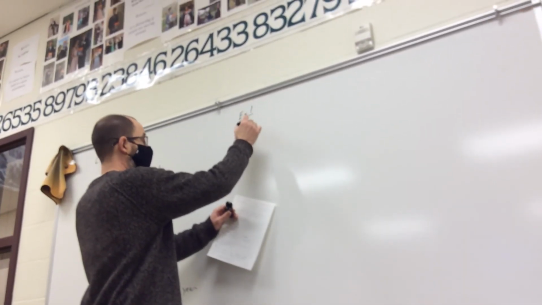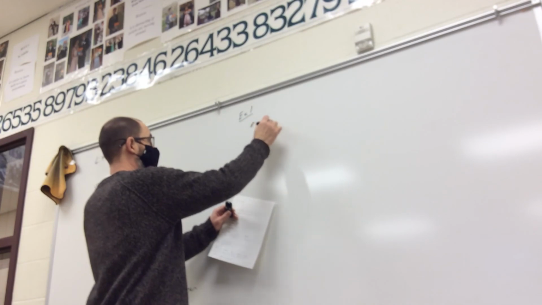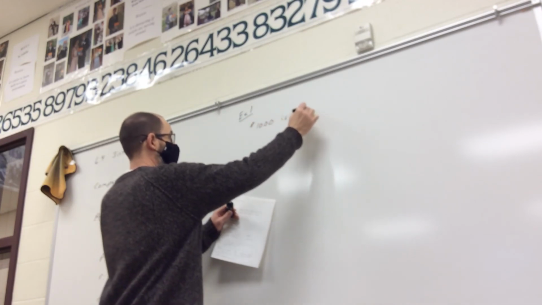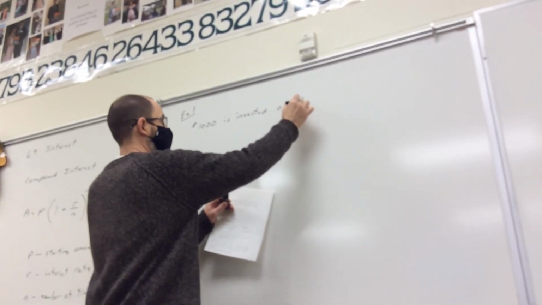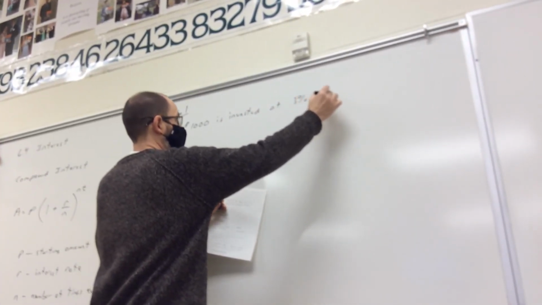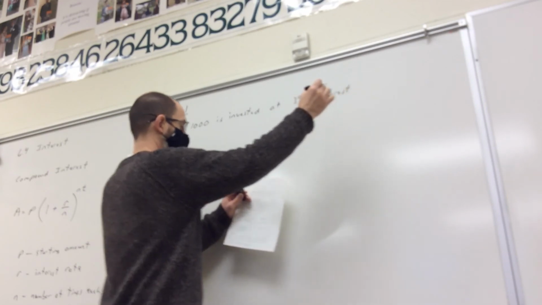Okay, so for example 1, we were having $1,000, and it's invested at 3% interest for 5 years.